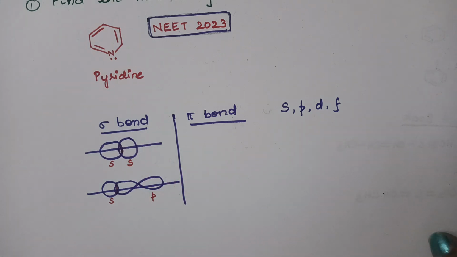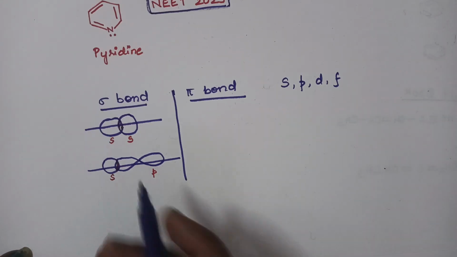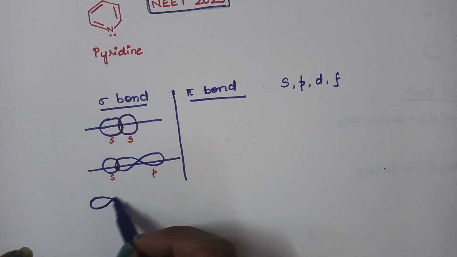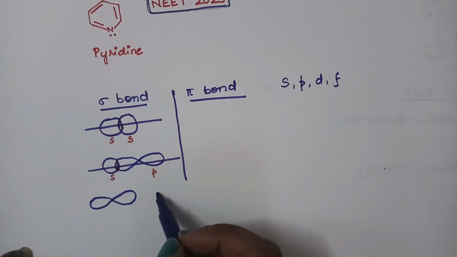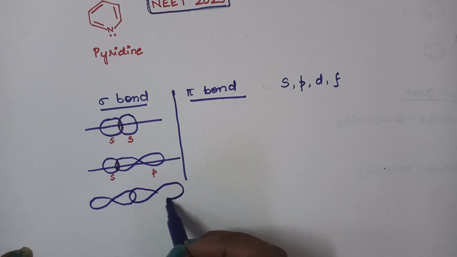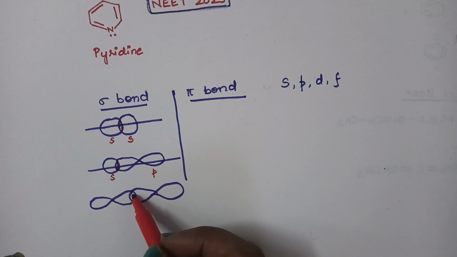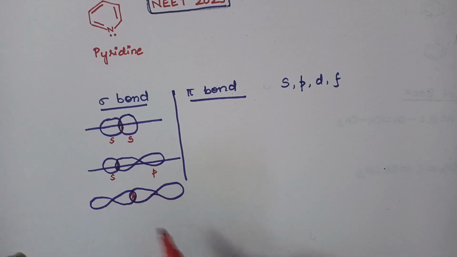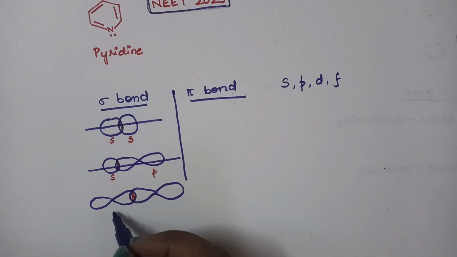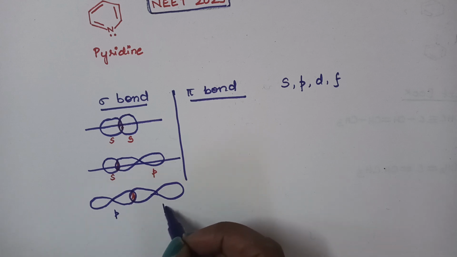What is one more method? Another method is this: this is one p orbital, this is the second p orbital. When they overlap along the axis, here this is the overlapping.